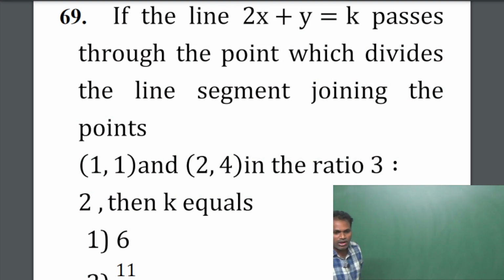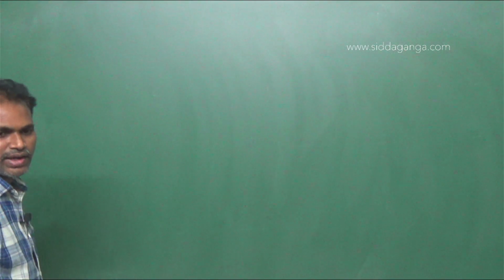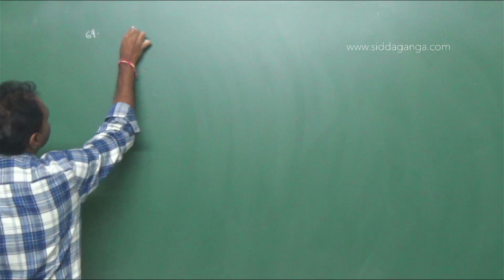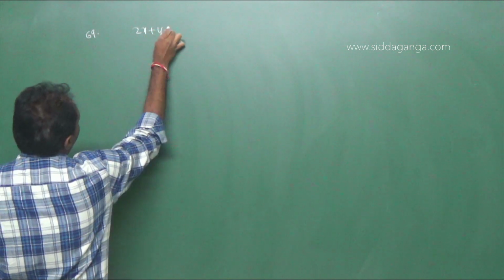Next. If the line 2x plus y equal to k passes through the point which divides the line segment joining the points 1, 1 and 2, 4 in the ratio 3 is to 2, then k is equal to. Now, your given line equation is 2x plus y equal to k.